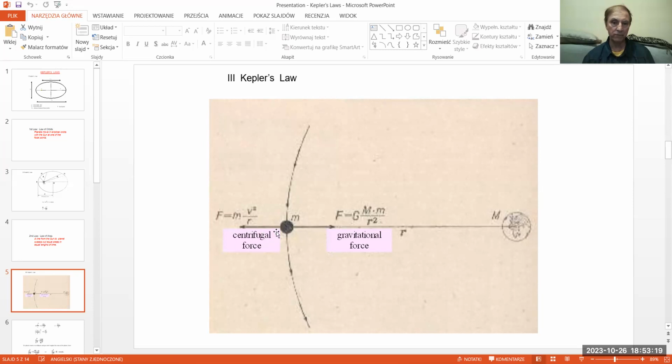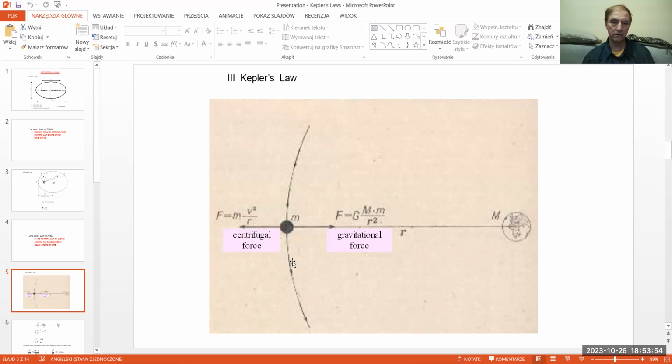The centrifugal force, or the force of inertia, is directed exactly oppositely to the gravitational force. But because this planet is stable in its orbit, we have to conclude that the two forces, the gravitational force and the centrifugal force, must be equal.